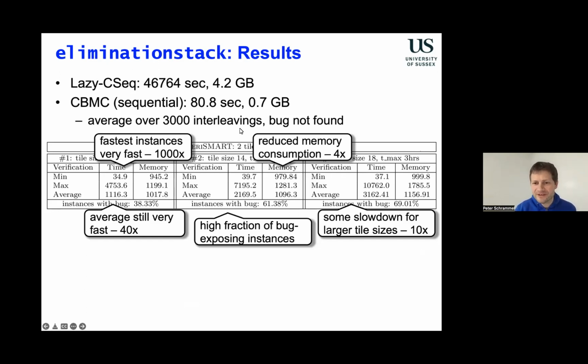So it's really just about reducing the wall time to find the bug. Which means that here the instances with bug, you say 69, it has only found 70% of the bug, is it? No, there is only one bug. It says in 70% of all instances we find the bug.